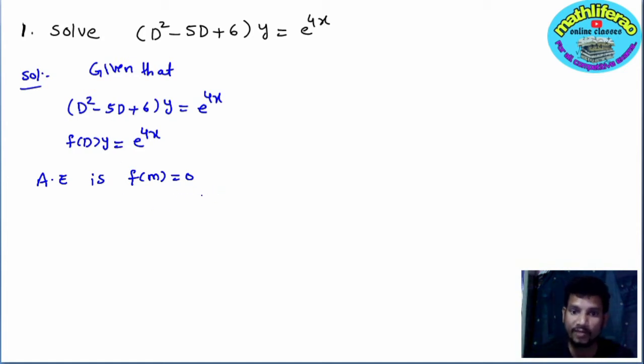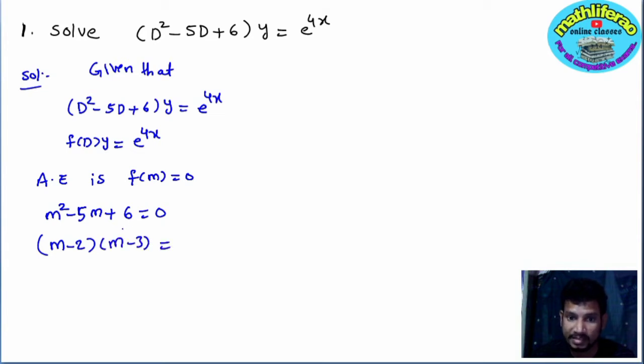So here f of m equal to 0 means D ప్లేస్ లో m తీసుకుందాం. m square minus 5m plus 6 equal to 0. సో దీనికి ఫ్యాక్టర్స్ ఫైండ్ అవుట్ చేస్తే ఏమొస్తాయంటే m square minus 5m plus 6 equal to 0 కి m minus 2 into m minus 3. Product is 6, sum is minus 2 minus 3 equals minus 5. Here m equal to 2 and 3. Two real and different roots.